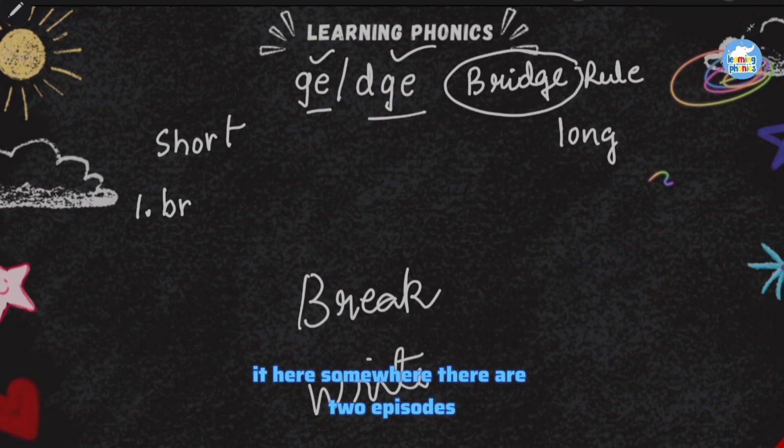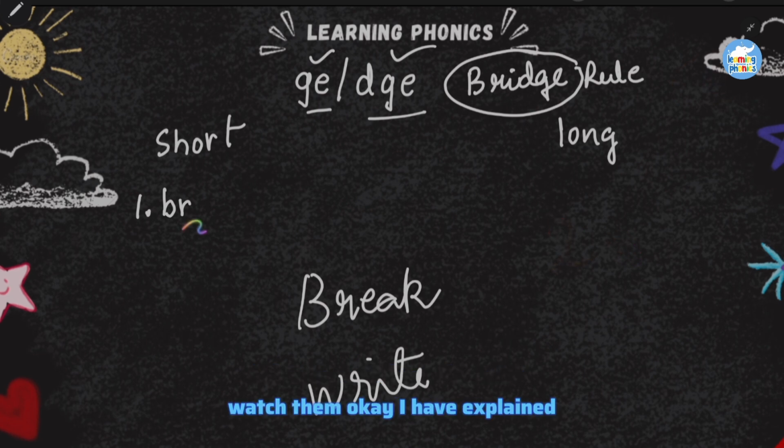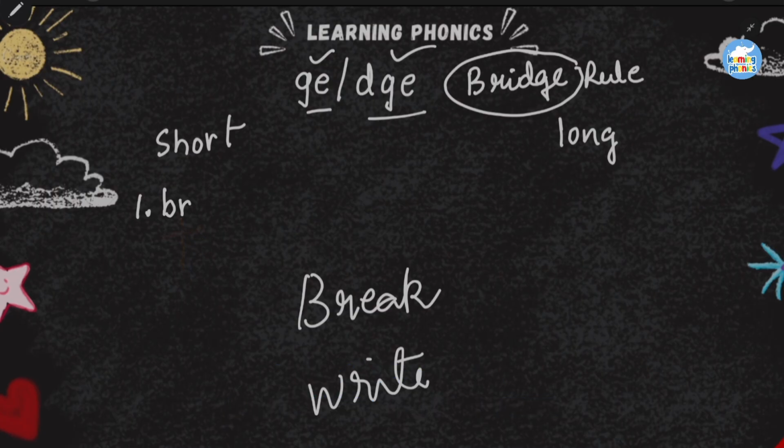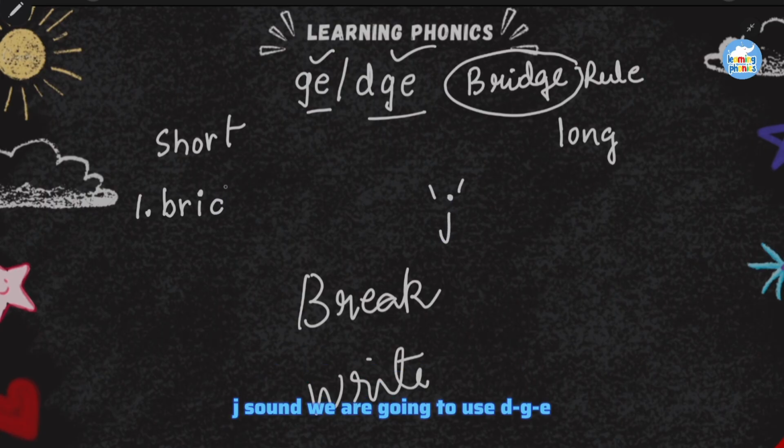I'm going to tag it here somewhere. There are 2 episodes. I have explained how to blend consonant letters. Now here, brr, e: E is going to make the short sound. Now the J sound. See if it's a short sound or a long vowel sound. That is correct, it is a short sound. So what have we learned? When there is a short sound just before the J sound, we are going to use DGE.